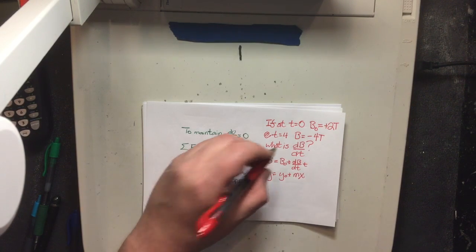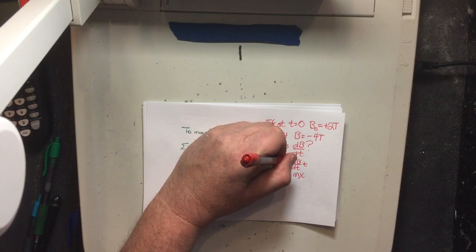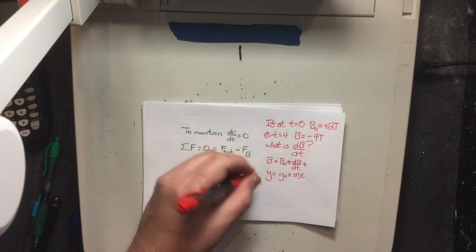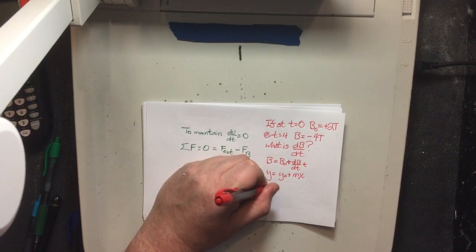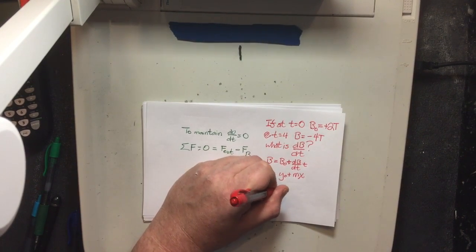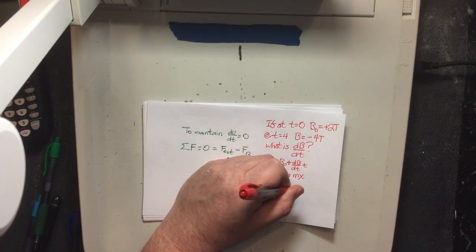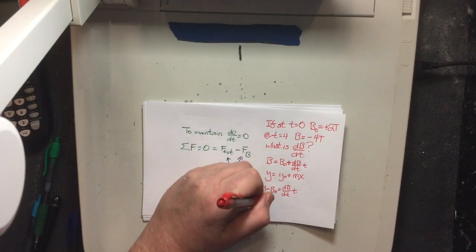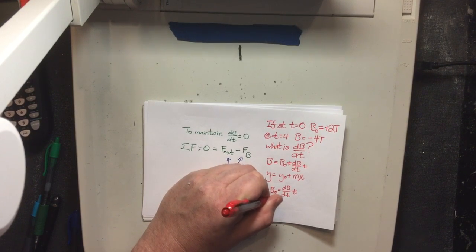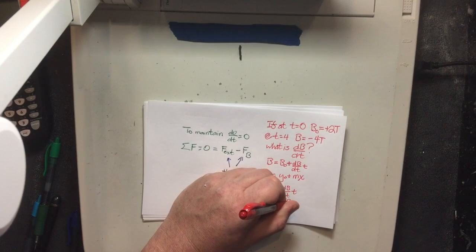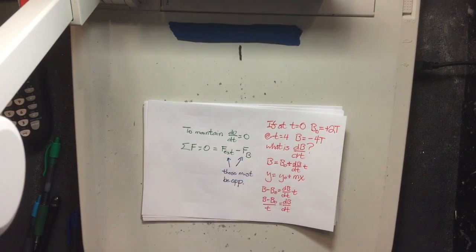So this is a plus, that's a t. They look a lot alike, I'm sorry. So B minus B naught equals dB/dt times time, or B minus B naught over t is dB/dt.